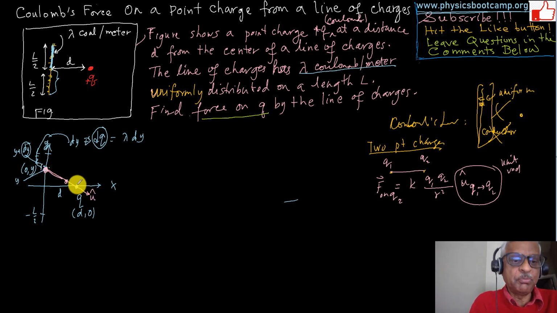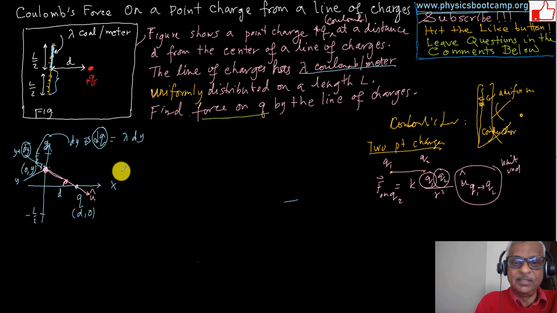So if this was positive and this is positive, this will point that way, and that will be the direction of the unit vector. And if this was negative and this was positive, then the sign of these will actually take care of flipping this direction.